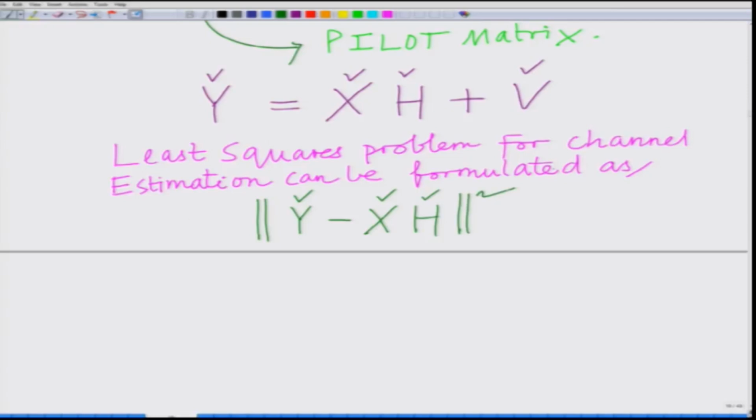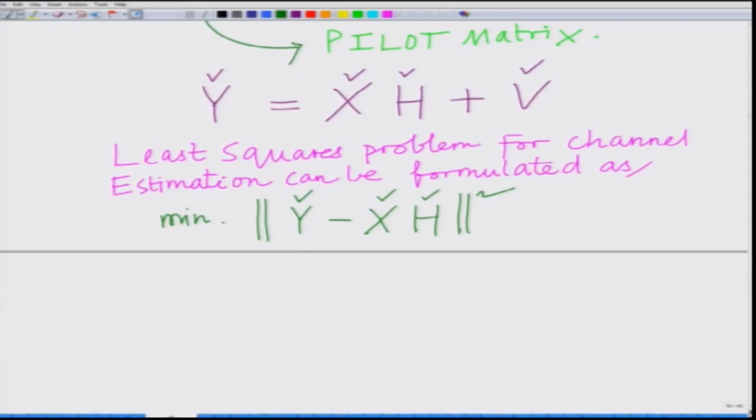And one has to find the h check which minimizes this least squares cost function, all right. So, we have to find this vector h check from the least squares minimization problem, that is the h check which minimizes the norm of y check minus x check h check whole square.